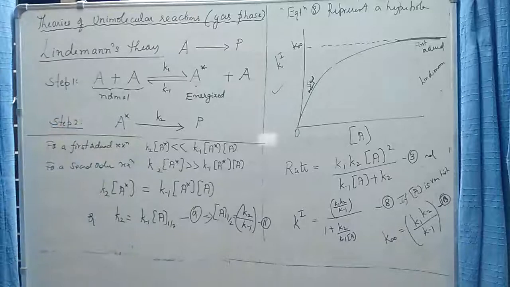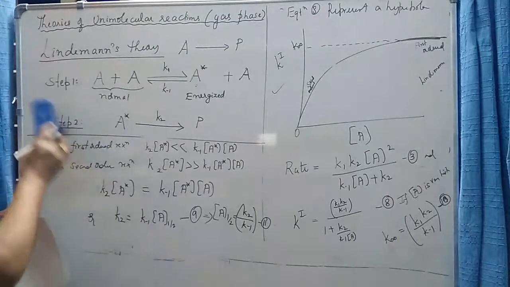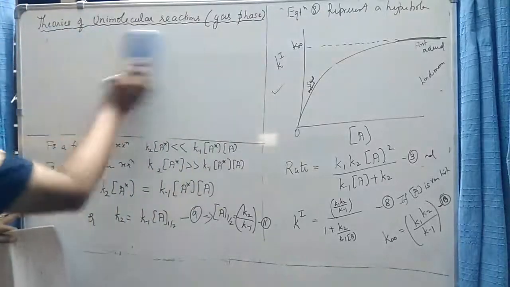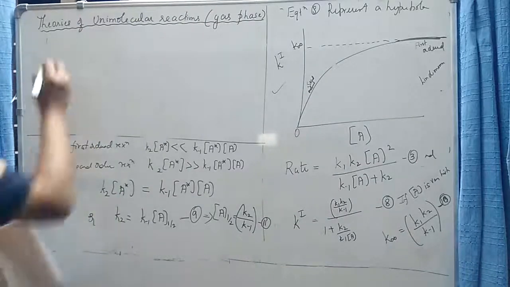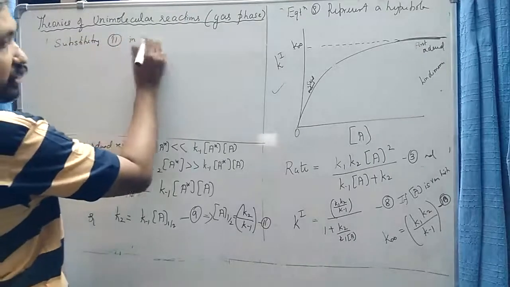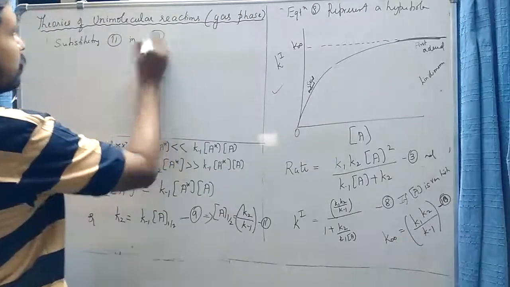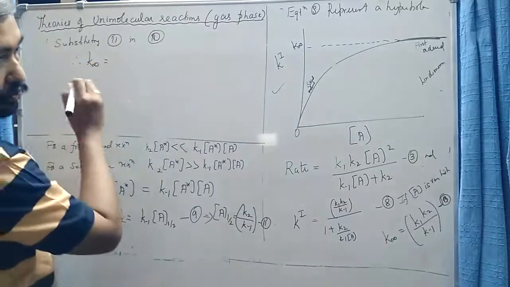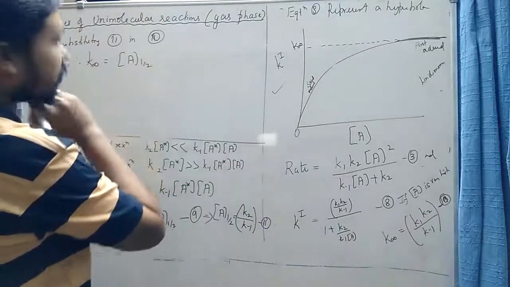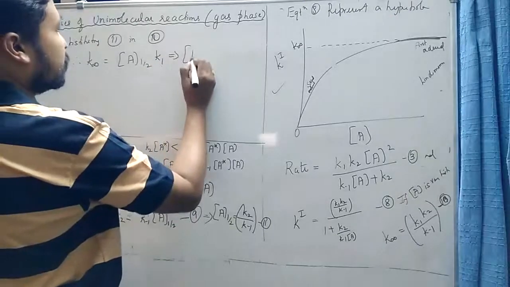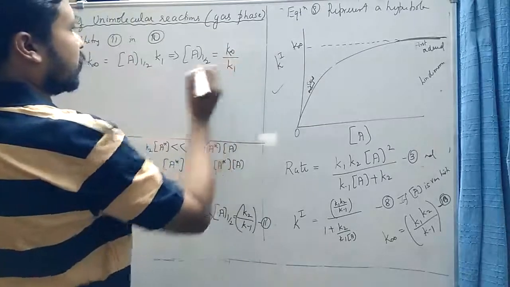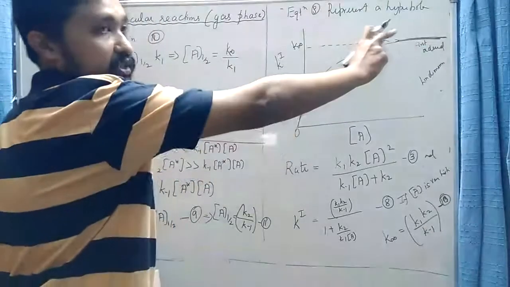So I can write, substituting equation 11 in equation 10, therefore K infinity is equal to K2 by K minus 1, which is A half, into K1, which implies A half is equal to K infinity divided by K1, where K infinity is the maximum value which can be obtained from the graph.